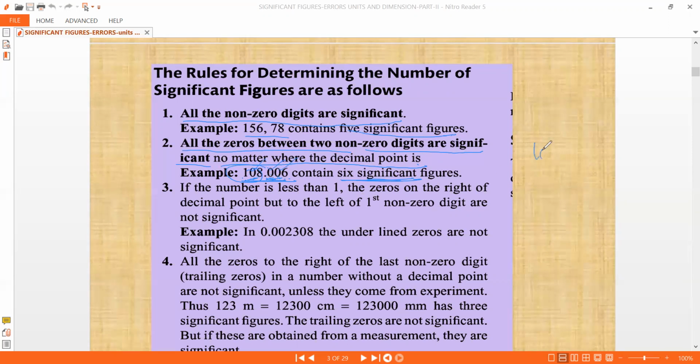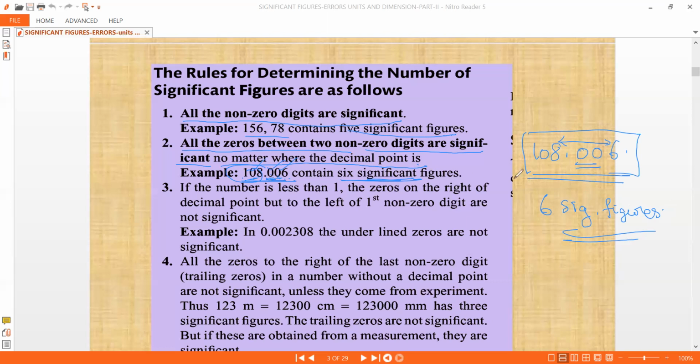So 108.006 is the example taken here, and it contains 6 significant figures, because between 8 and 6 these two zeros are all significant. That is what is conveyed in this point.